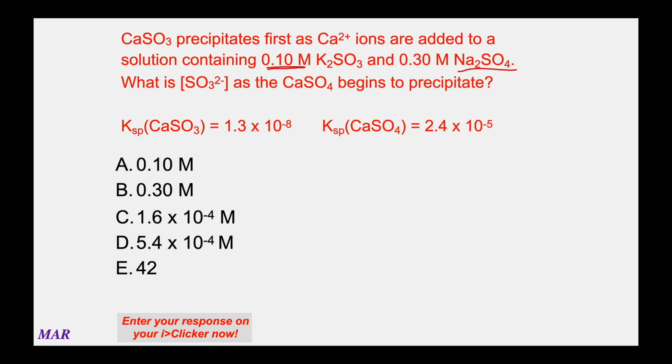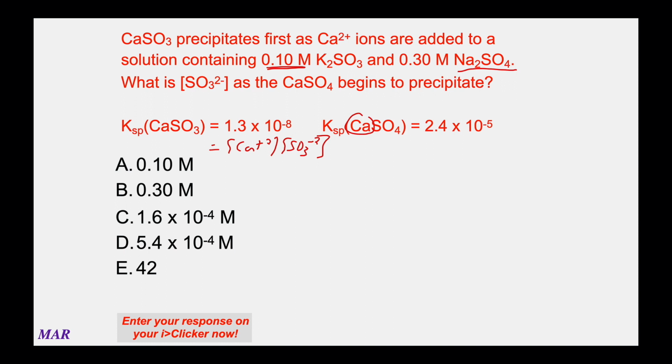All right, so what we're going to do here is remember that for calcium sulfite, the Ksp equals the calcium times the sulfite. And what we want to know here is how much calcium is needed to make calcium sulfate precipitate. And in the answer for the last problem, I actually calculated that.